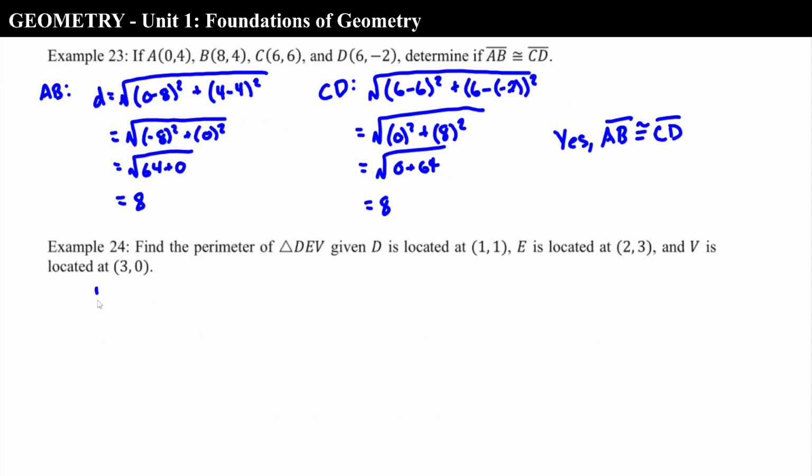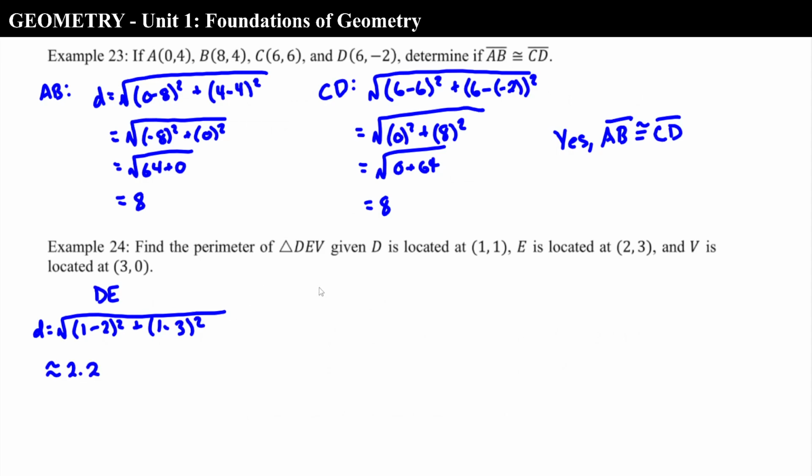So for DE, we have the distance being the square root of, well, let's see, our x's, 1 minus 2 squared plus 1 minus 3 squared. Put that into your calculator and you're going to find that the distance is approximately 2.2.